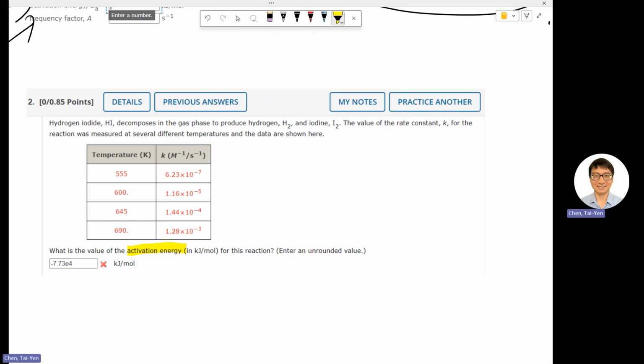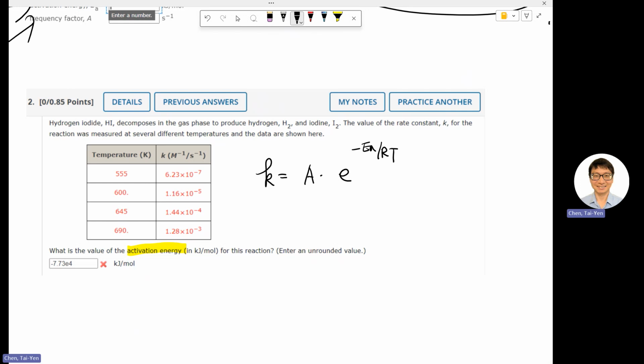The Arrhenius equation, right? So you need to start to memorize this equation, so that you feel confident when you see the question and know how to start. k is equal to A times exponential of minus Ea over R times T, right?